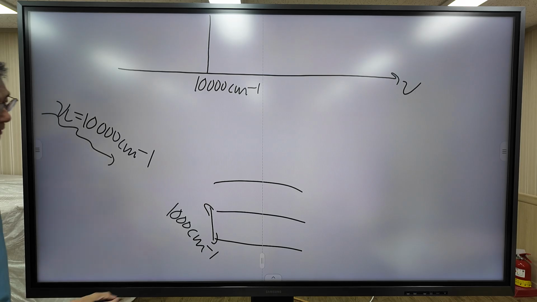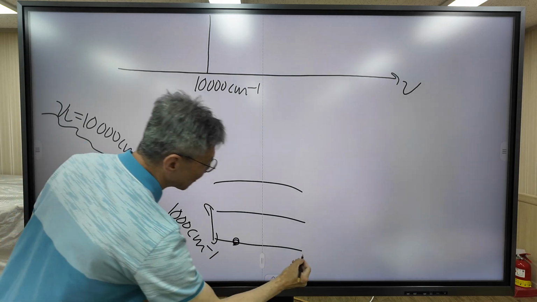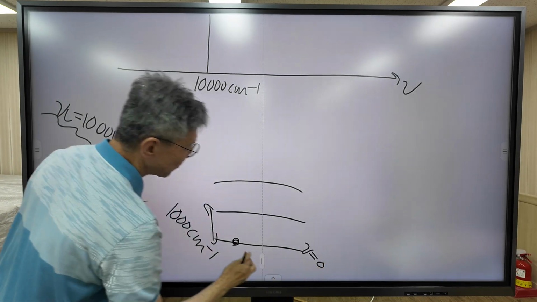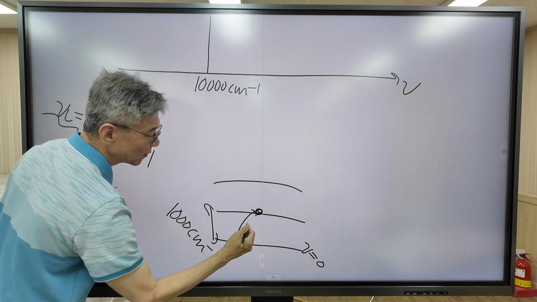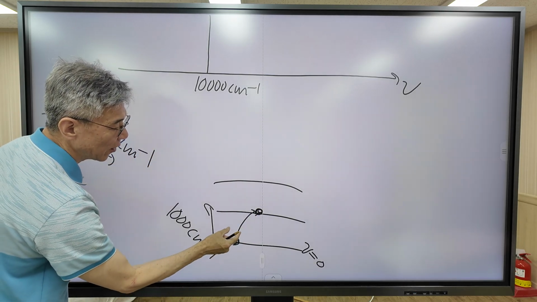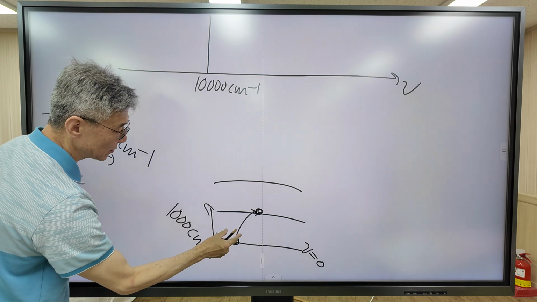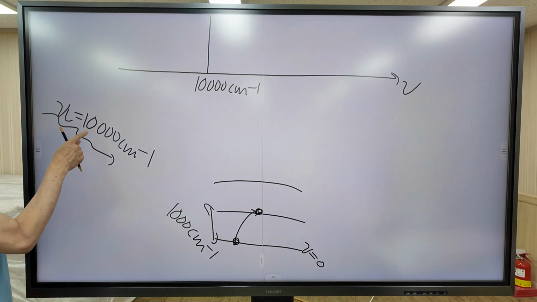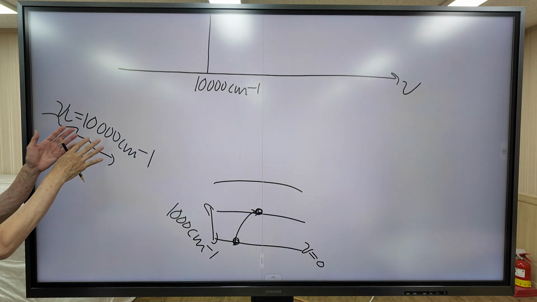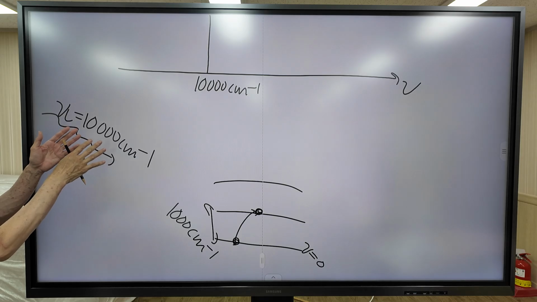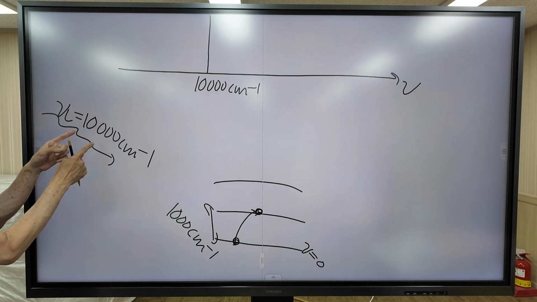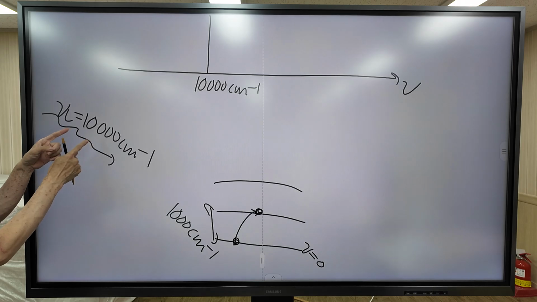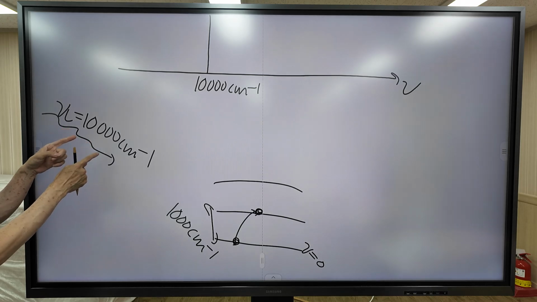Now, molecule is initially in the V equals 0 state. And the molecule makes a transition from V equals 0 to V equals 1. And the molecule absorbs energy 1000 from this line. So this line with frequency of 10,000 loses energy to the molecule. So the frequency decreases by 1000.